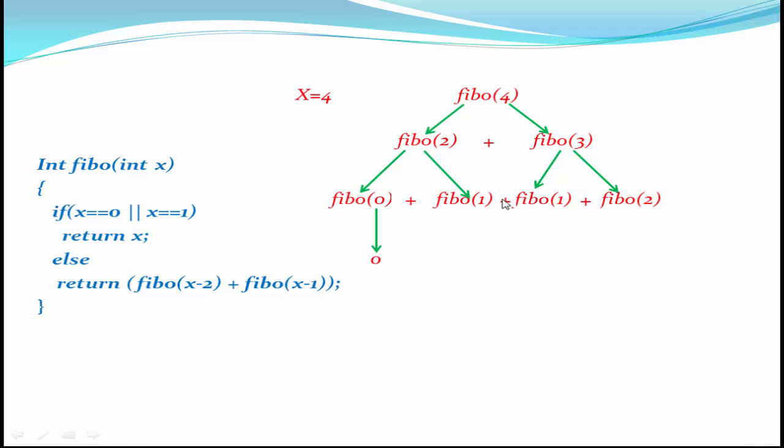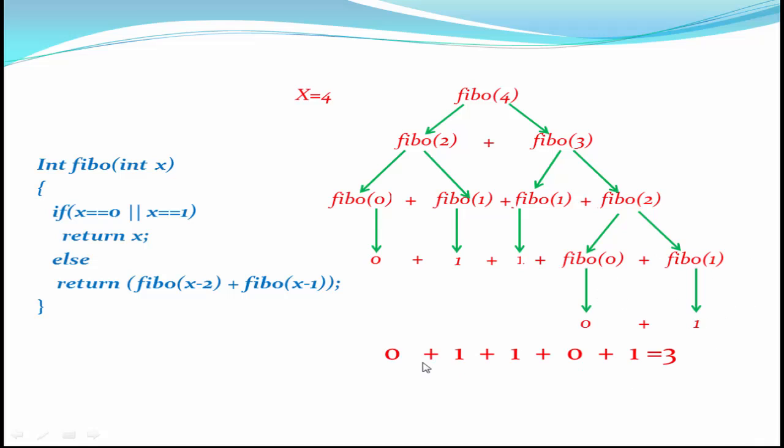And then it calls this function Fibo 1, then it returns 1. This function returns 1, and then it calls this Fibo function and it returns Fibo 0 plus Fibo 1, and this Fibo 0 returns 0 and this Fibo returns 1. So we get 0 plus 1 plus 1 plus 0 plus 1, which is equal to 3.